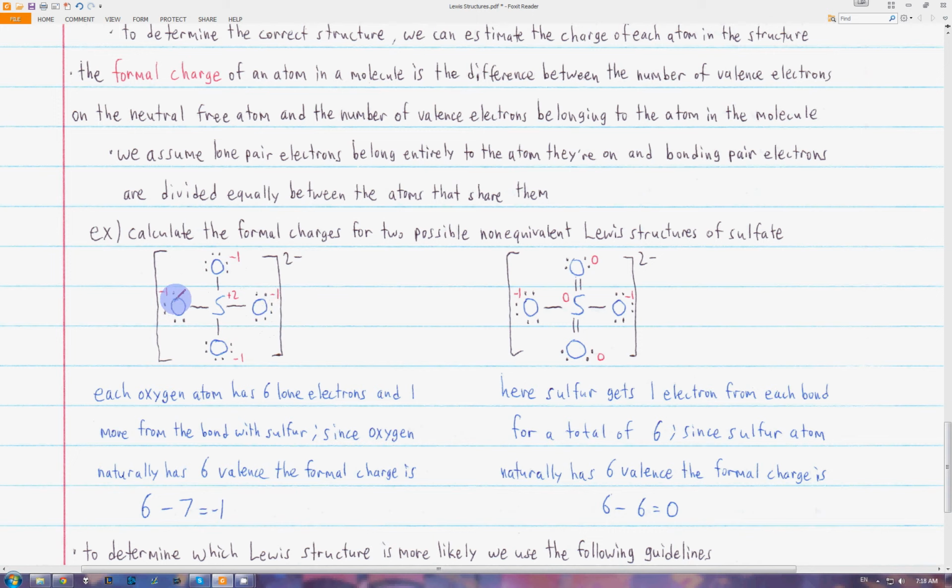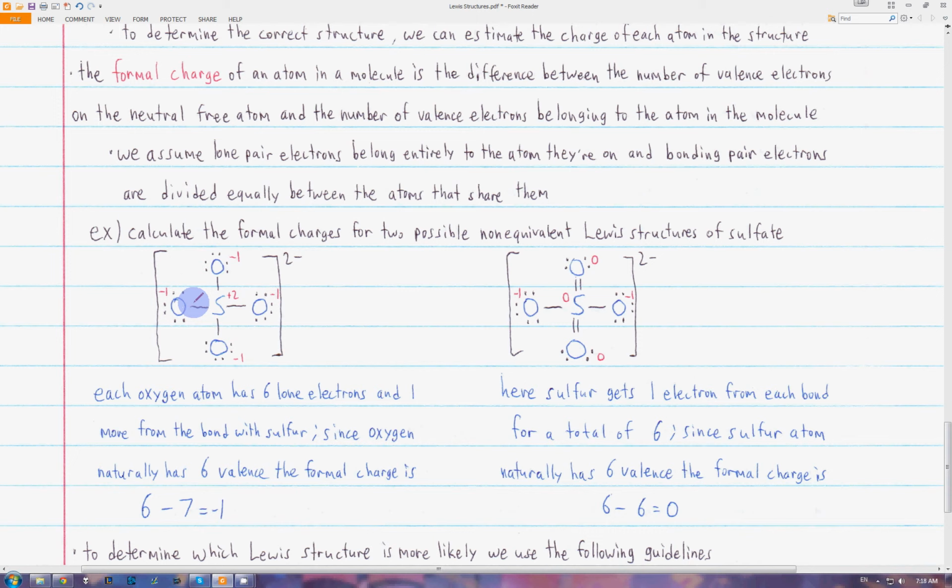So let's start with oxygen. Oxygen, when it's a free atom, has 6 valence electrons. In this structure, you can see each oxygen has 3 lone pairs, so that's 6 electrons, and then it has 1 bonding pair.